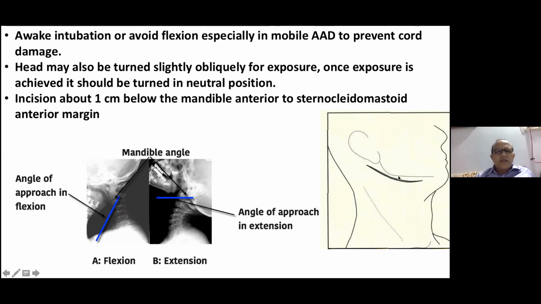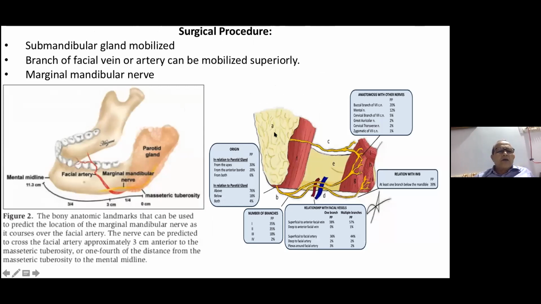So the incision, and then there are definite landmarks of the marginal mandibular nerve. It is about 3 centimeters away from the mesenteric tuberosity.